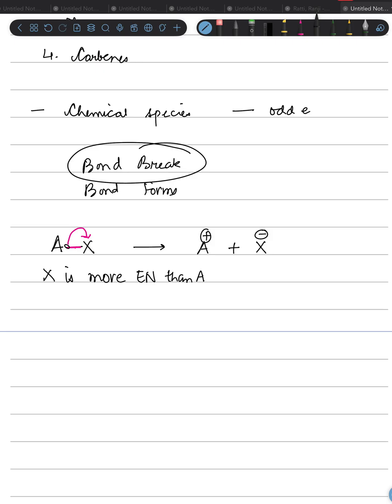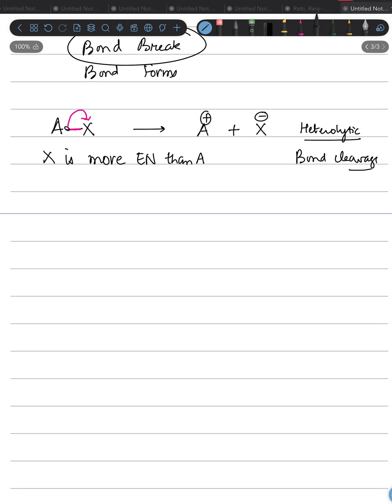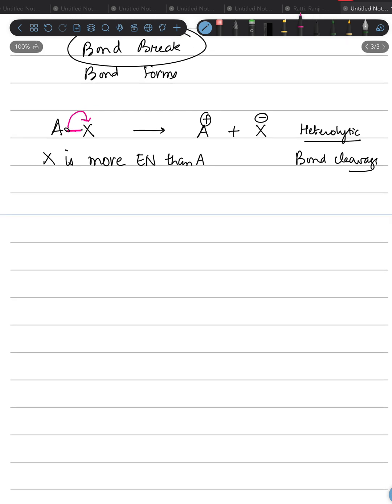So such a bond fission or bond cleavage is called heterolytic bond cleavage or heterolytic bond breakage or heterolytic bond fission, right? Now, it can happen that I have a molecule AB where both of them have the same electronegativity.